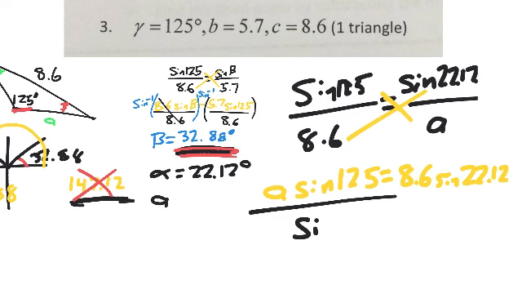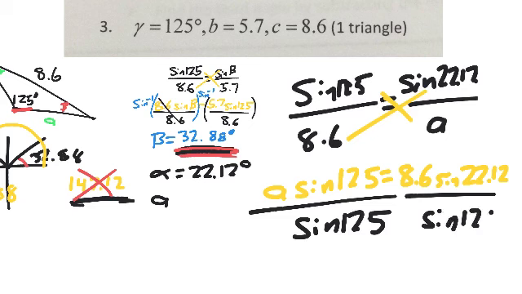To get A by itself, I need to divide by sine of 125. So notice this time I didn't have to take an inverse trig function because the variable was already isolated.